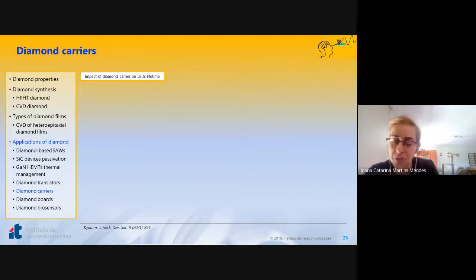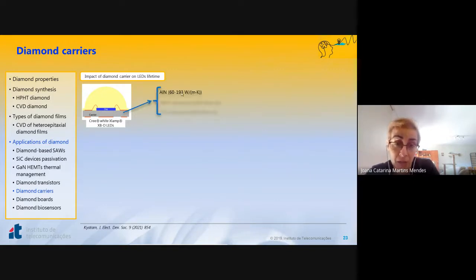A very interesting topic that we are also evaluating is the use of diamond for the thermal management of devices, of fabricated devices, or at the package level. So in order to evaluate how diamond can really improve the thermal management, we started with power LEDs from Cree that have an aluminum nitride carrier.